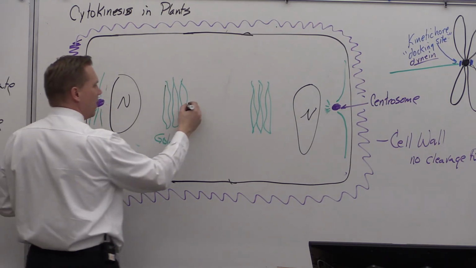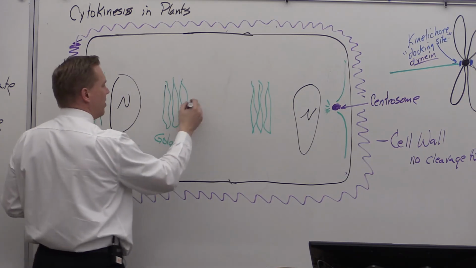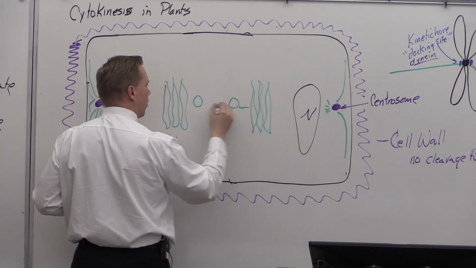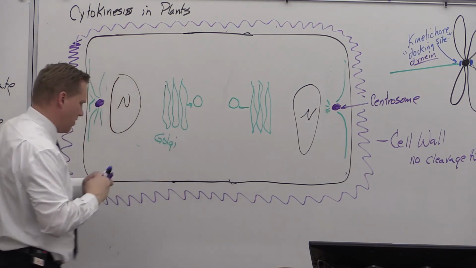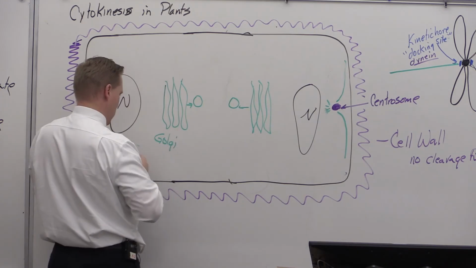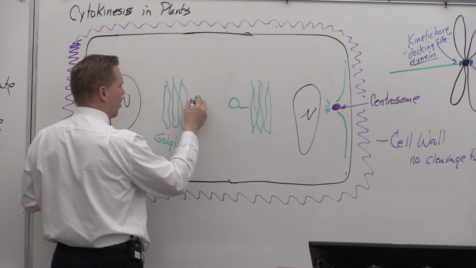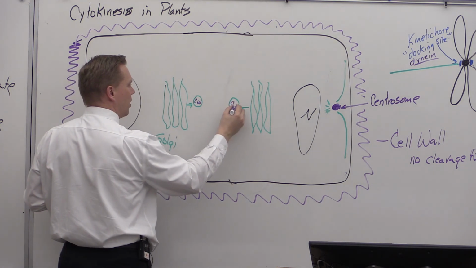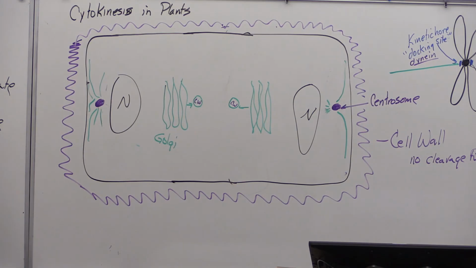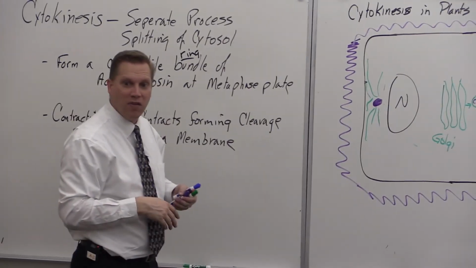And what happens is the Golgi will actually send out vesicles. And those vesicles are going to be filled with cell wall components. So I'm going to put a little CW in each one. They're the components, the polysaccharides and proteins that actually make up the cell wall.